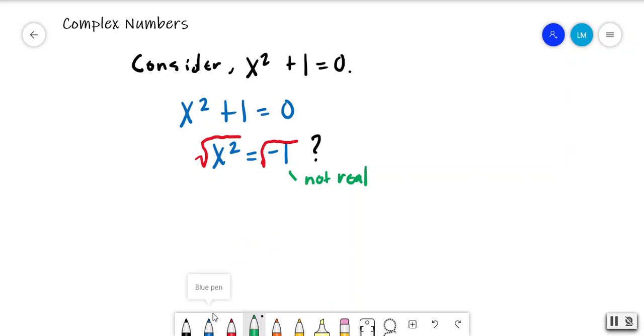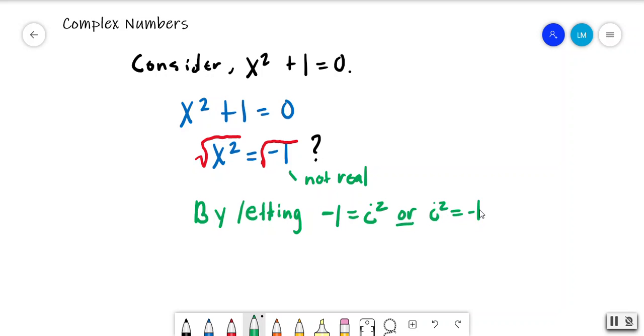So from here, if we were going to try to solve this, we can say, by definition, that negative 1 is equal to i squared, or i squared equals negative 1.